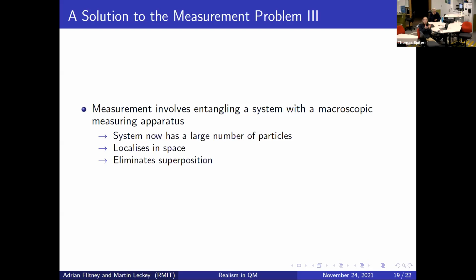And by doing so, my system will now have a large number of particles, and therefore I collapse and localize in space. And when we localize, if I'm thinking about a pointer position here or here, as soon as I localize it, I'm basically destroying the possibility of the superposition. That's the hope. So again, it's then no mystery as to why my measuring apparatus only indicates a single value and not a superposition. Next slide.